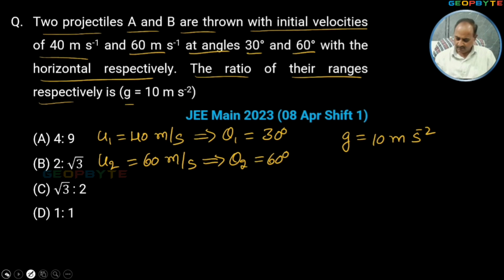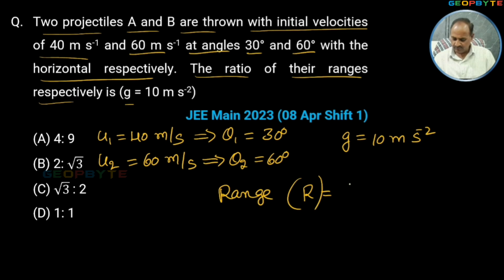But what is the R formula? Range R equal to U square sine 2 theta by g.